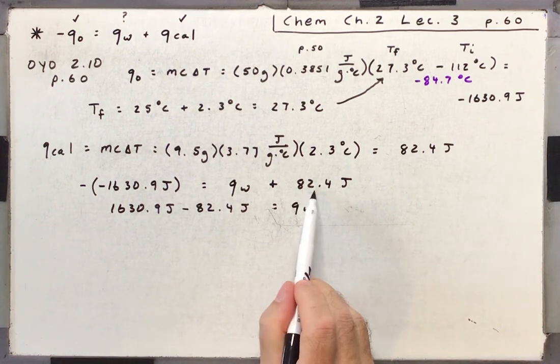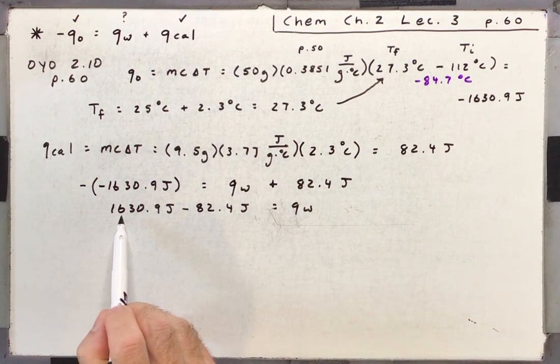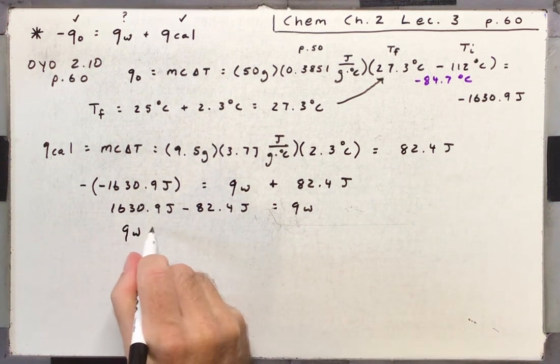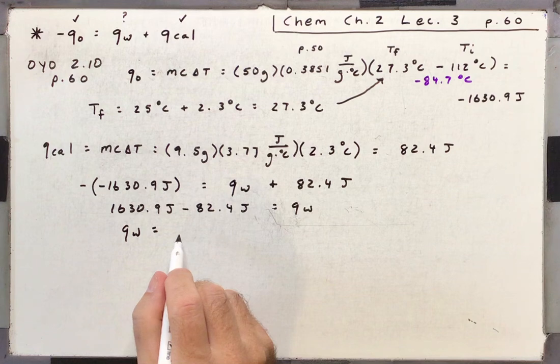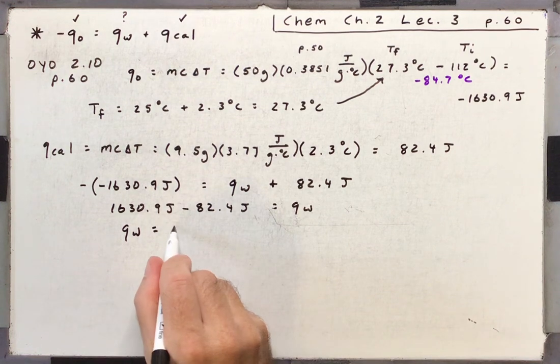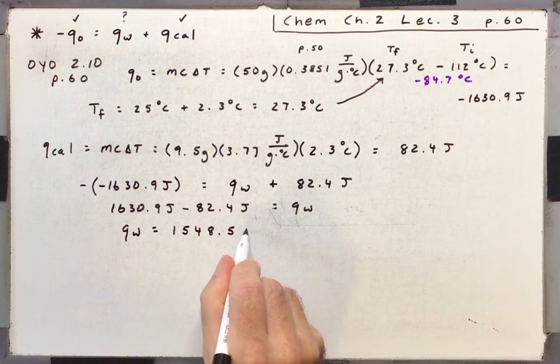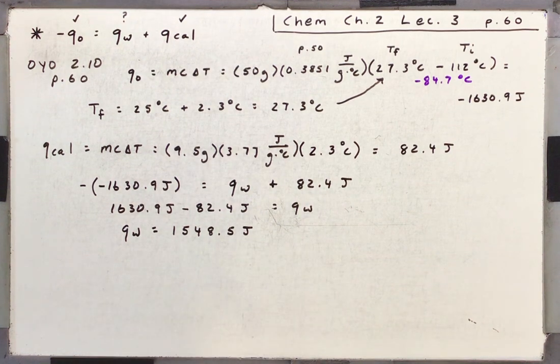We're going to subtract 82.4, subtract 82.4. All right, so the Q of the water, if you subtract those two, is 1548.5 joules. All right. So we're almost done.